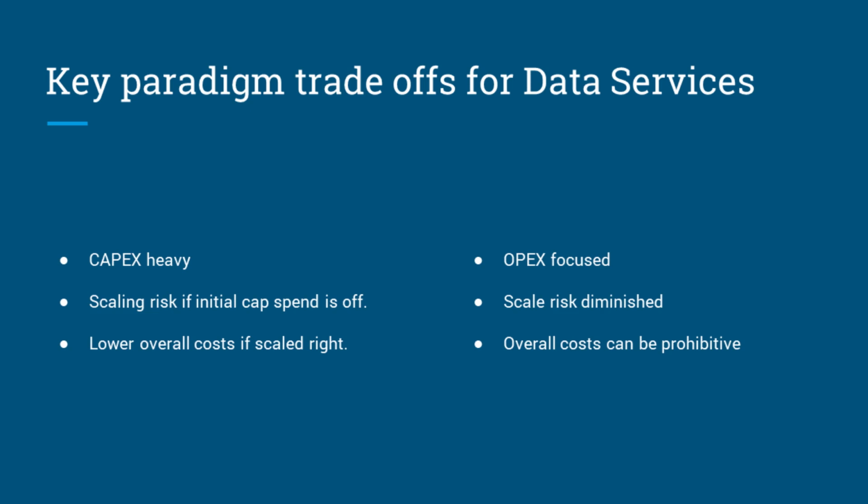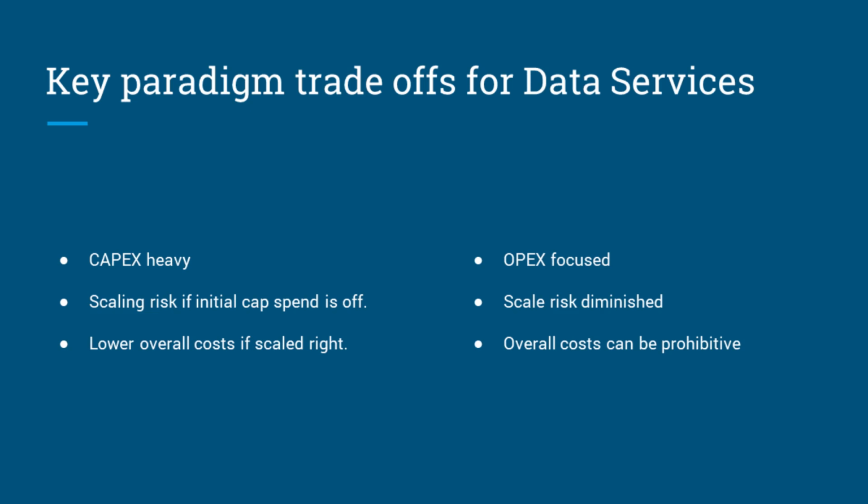However, with the operational focused paradigm, the situation is mostly correlated with that, being that the scale risk diminishes dramatically because you're using something like AWS or Azure or GCP, and with just a few clicks of a button or different deployment, you can shift and change the entire scale of the system that you have and the available resources. However, that then turns into the question of, is the operational expense going to become cost prohibitive?